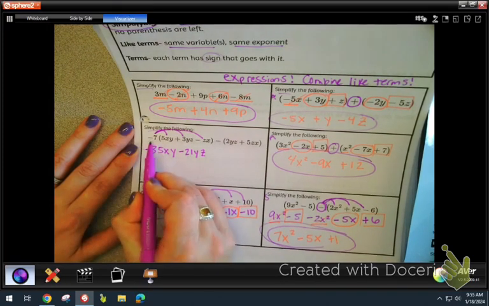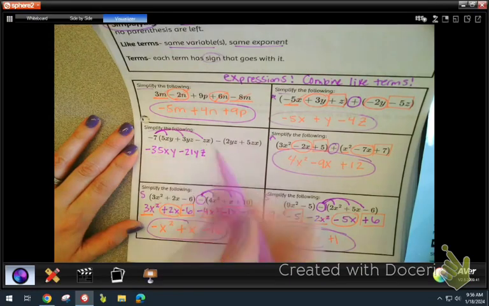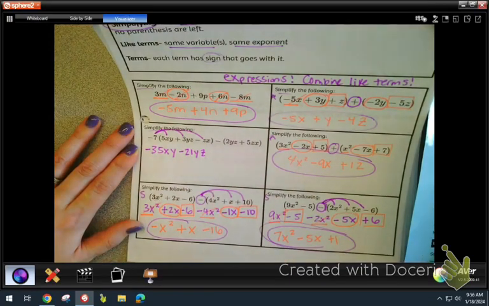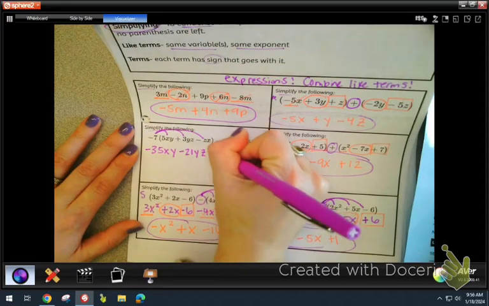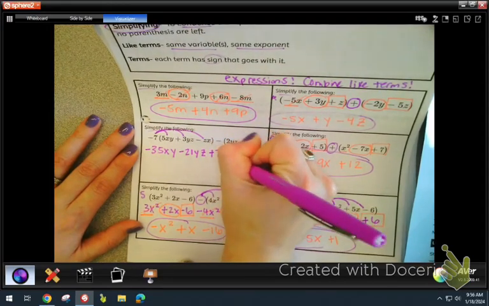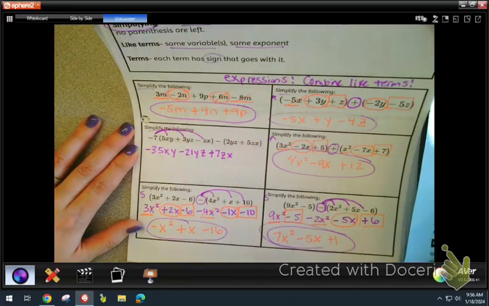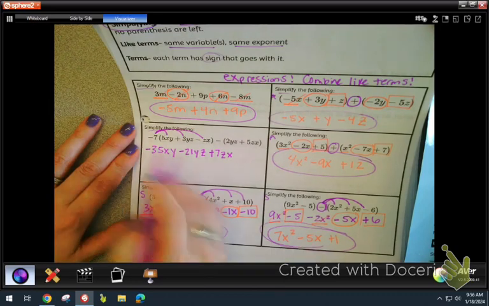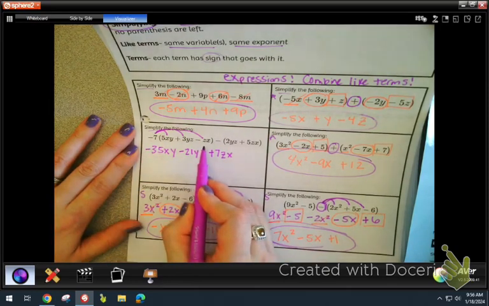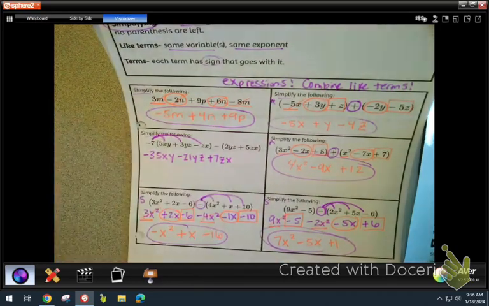Negative 7 times negative zx. Negative 7zx. What's the negative times negative? Positive. Positive 7zx. Yeah, we saw this on the star, so that's why we put it on there. All right? Now, that's the only thing the negative 7 goes to because the parentheses are closed off.